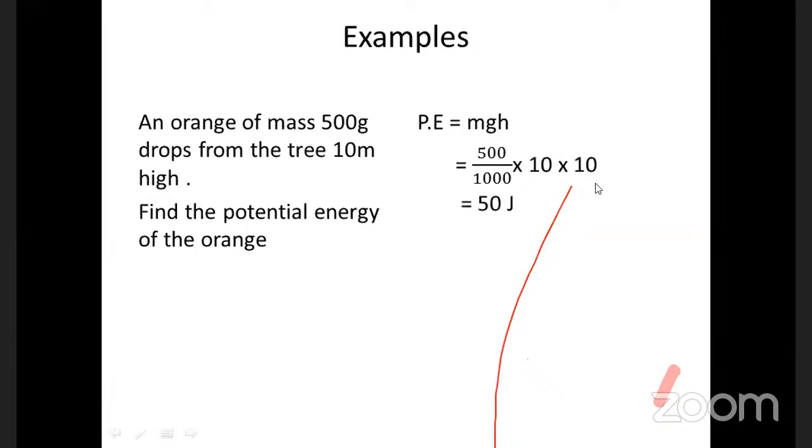You'll be getting 50 joules. So that will give us the answer.